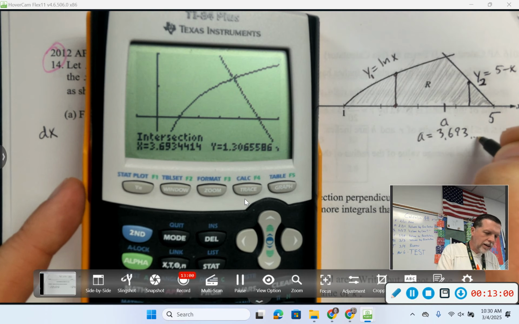I don't need to do this. This should be the same thing, but I'm going to type it in just to make sure, mostly to convince myself. So 0 to b. And remember, your calculator doesn't know the difference between x's and y's, so I can put that in as x's if you like. I'm going to put it in as y, though.